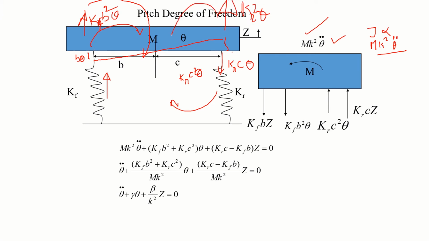So one is positive, one is negative. So this is the way. Write this and reorganize. You can take clockwise positive, counterclockwise negative moment, and you can do this.